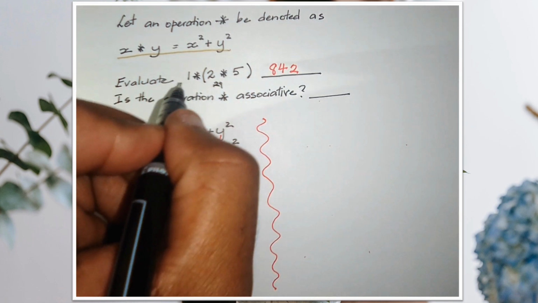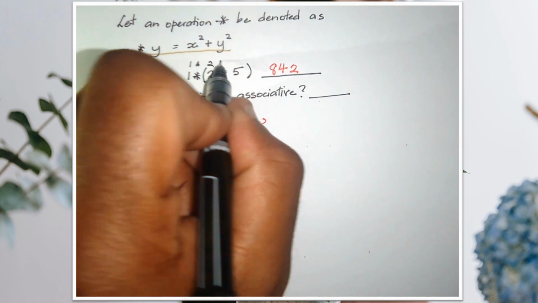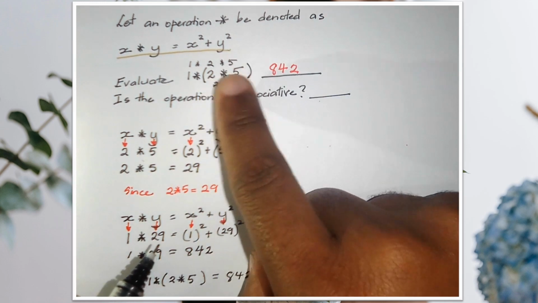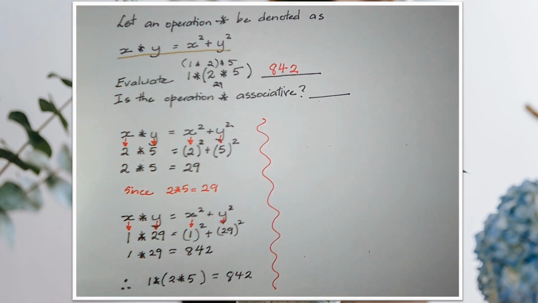So we're going to keep the order as 1 star 2 star 5. But instead of bracketing the 2 and the 5, we're going to bracket the 1 and the 2. So we're going to have to work this out now before we can make a comparison, before we can say whether it is associative or not.